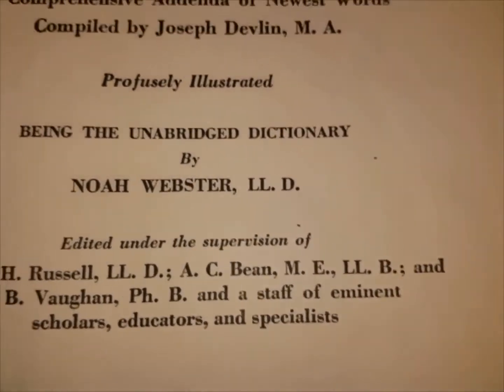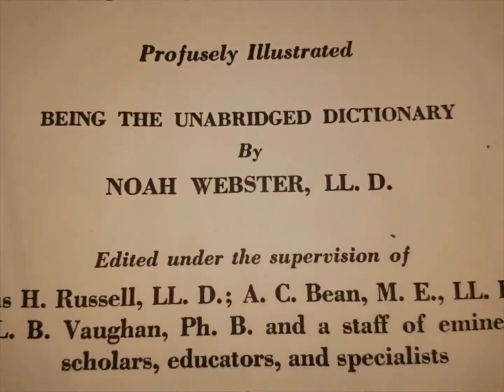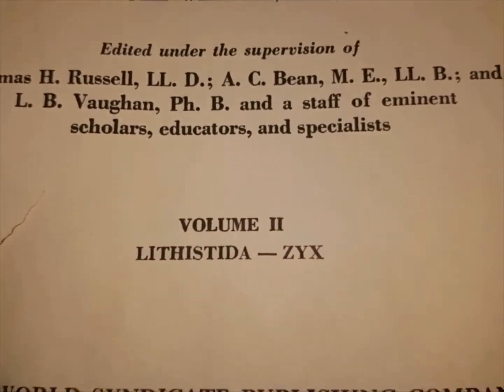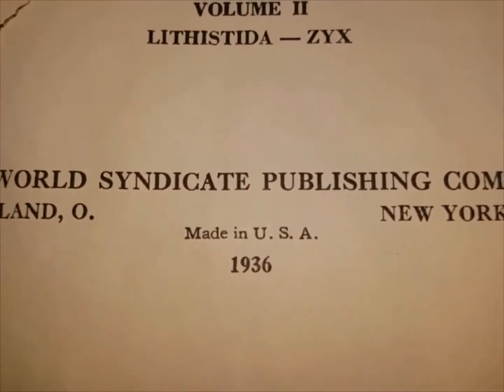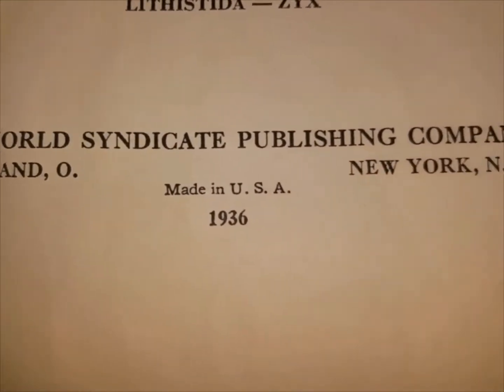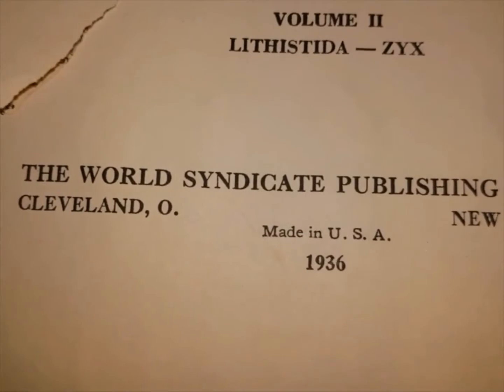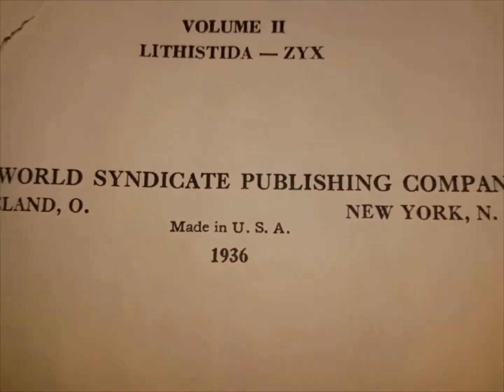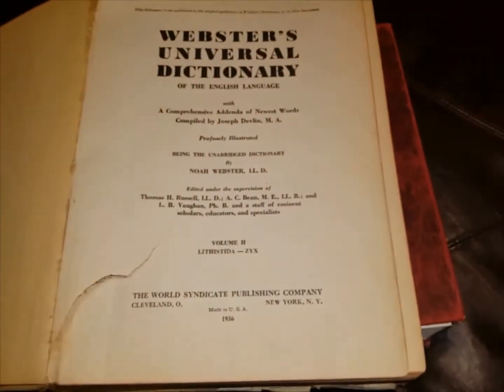In other words, when you hear about Merriam-Webster or Webster's Dictionary today, this is that same Webster. All right, volume 2. Let's see what year. Made in the USA, 1936. The World Syndicate Publishing Company, Cleveland, and New York, New York. All right, so there you see it.